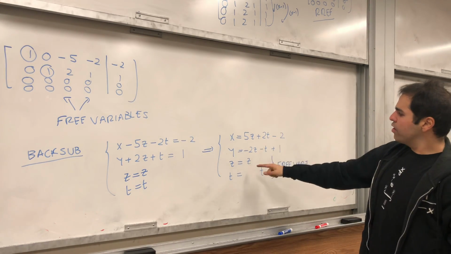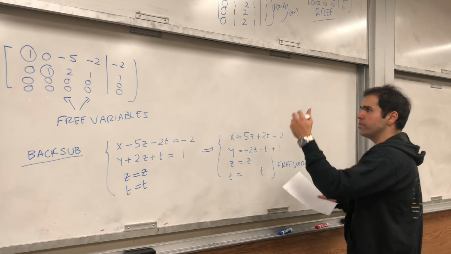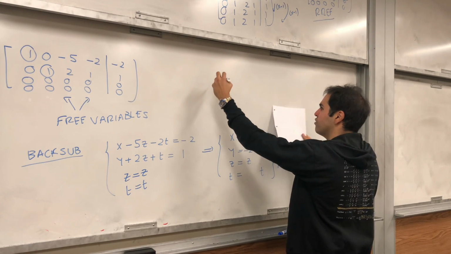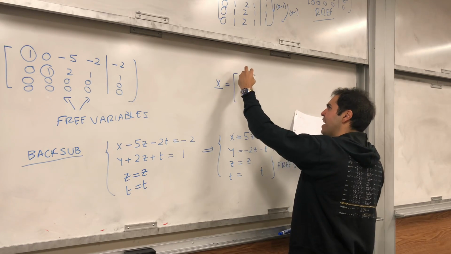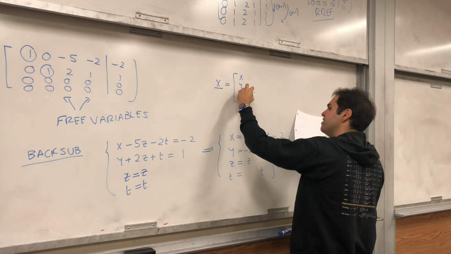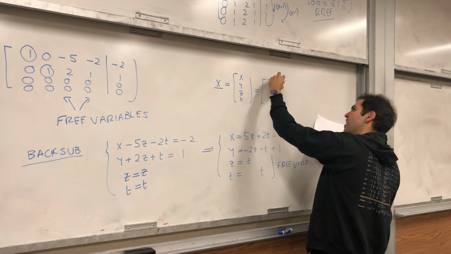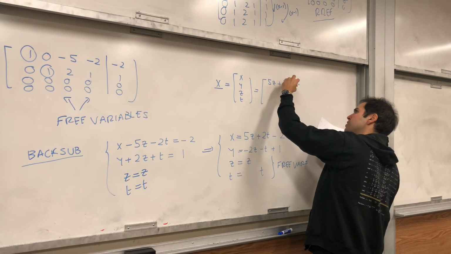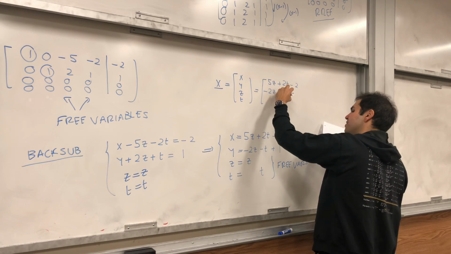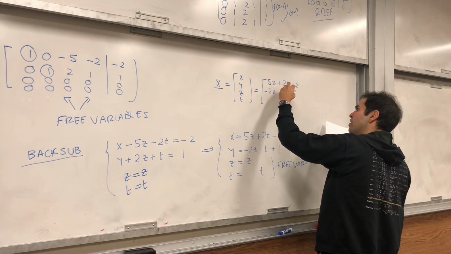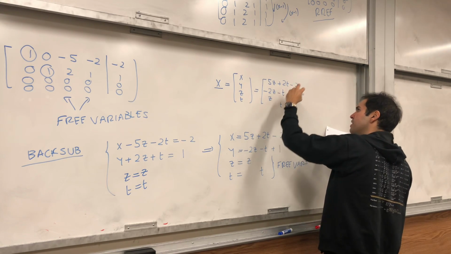And in particular, once you have that, how can you write the solution? It turns out there's a nice form called a vector form, because you can write the solution as a vector x, which is x, y, z, t, which becomes 5z plus 2t minus 2, minus 2z minus t plus 1, and z and t.